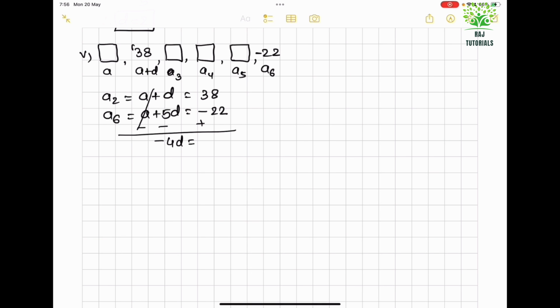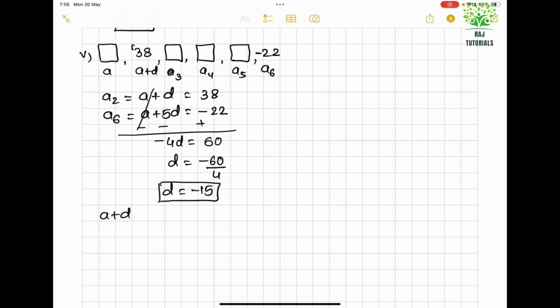So 38 plus 22 will be 60. So D will be minus 60 by 4. So D will be minus 15. Now I got the D value. Now I have to find the A value.